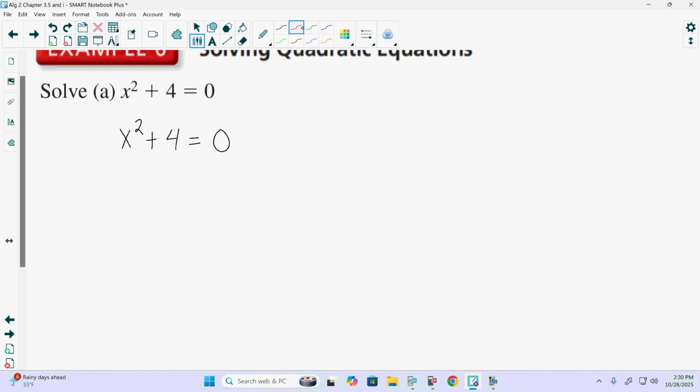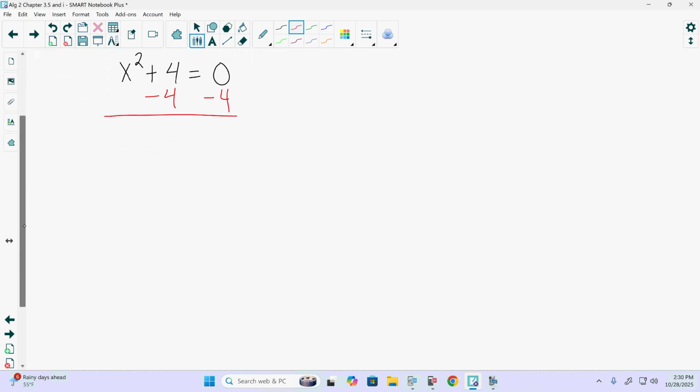So here we can use the square root method. The first thing we need to do is get the term being squared by itself. So we subtract 4 from both sides, telling us x squared is equal to negative 4. Is the squared term by itself?